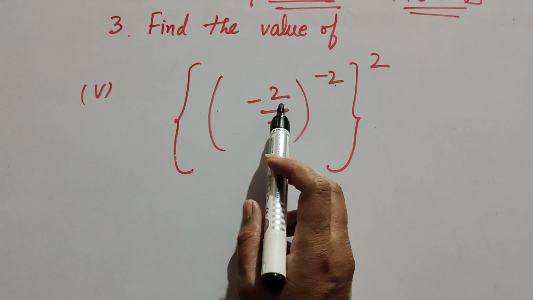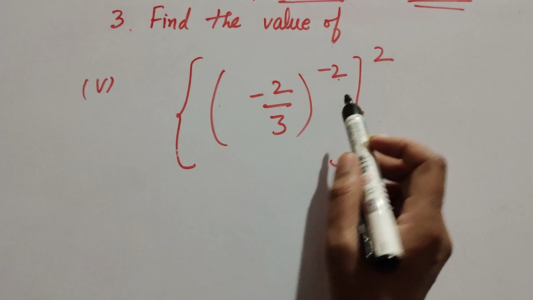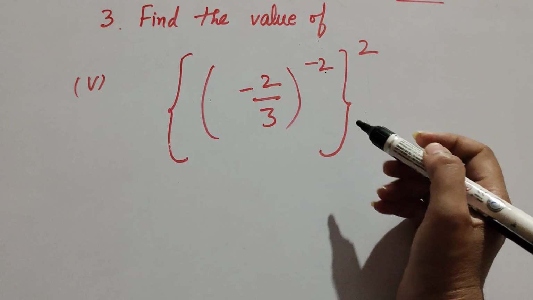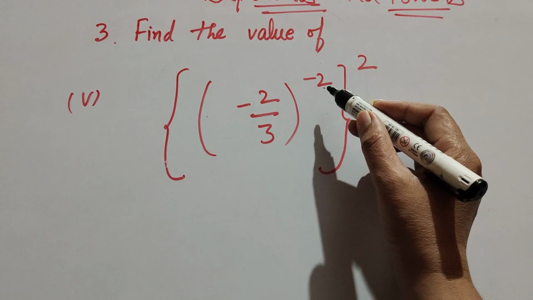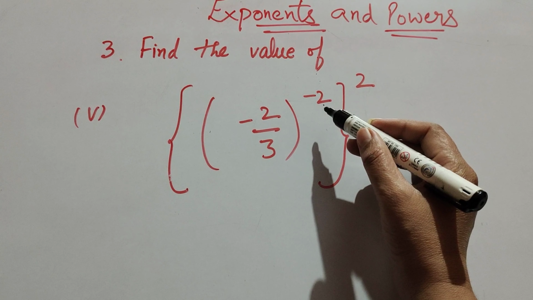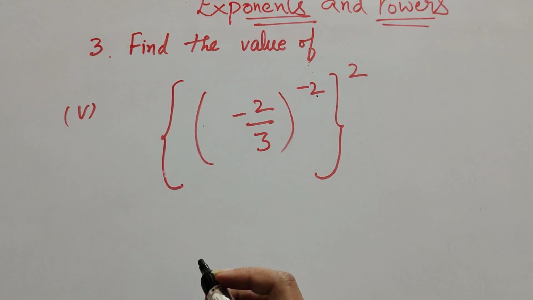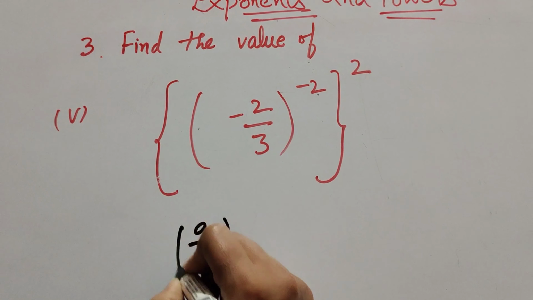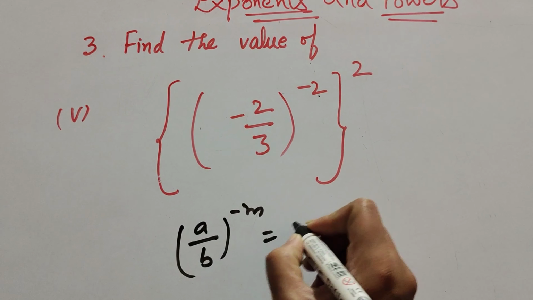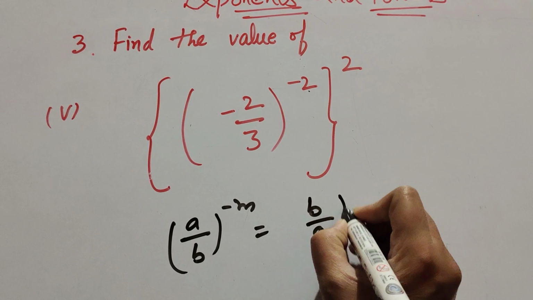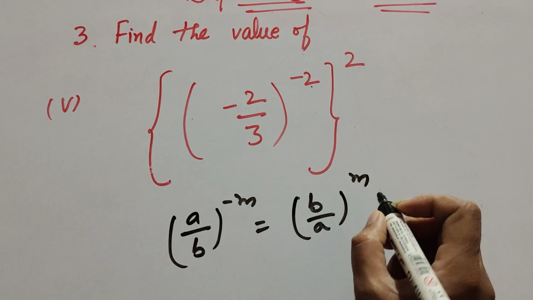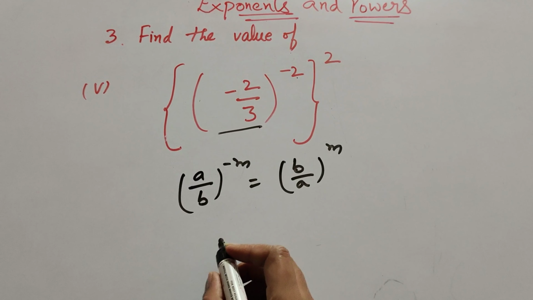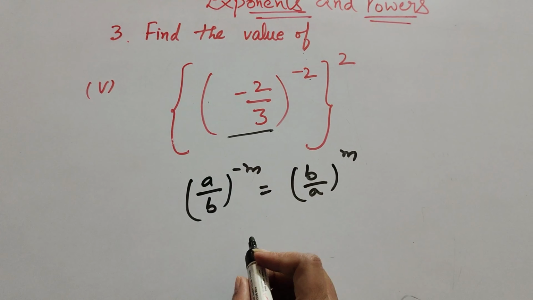Now in question number 5, (minus 2 over 3) raised to power minus 2 and whole raised to power 2. So minus 2 over 3 raised to power minus 2, it is a negative exponent. So first we change this negative exponent to a positive exponent. So we know the rule, a over b raised to power minus m equal to b over a raised to power m. We use this rule to simplify this.